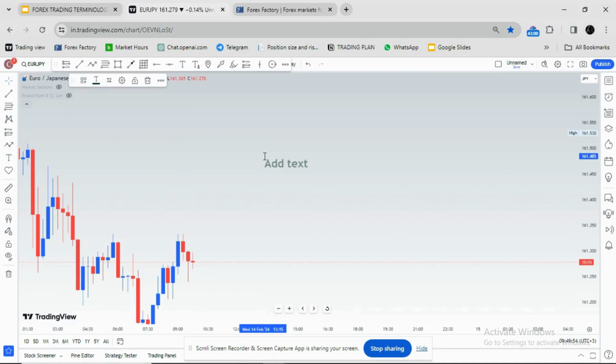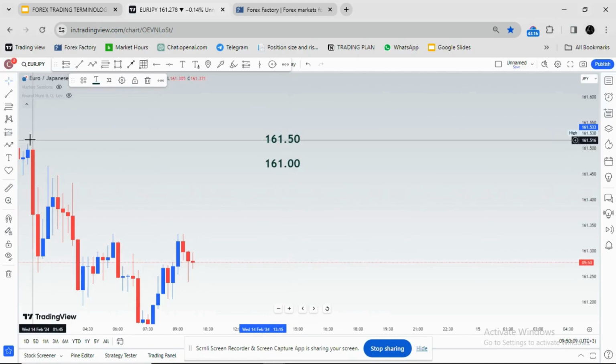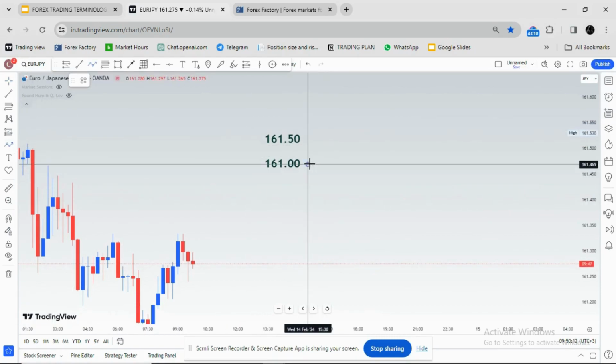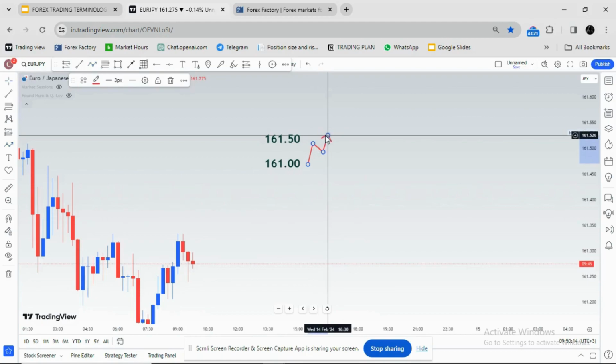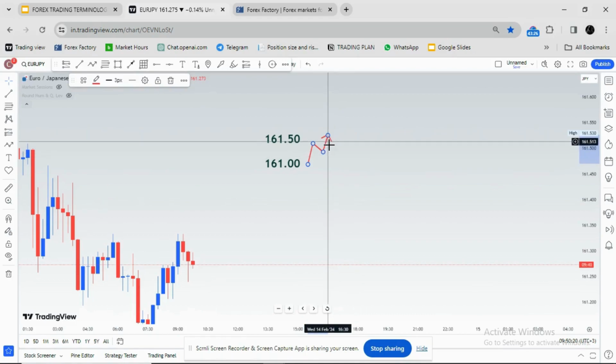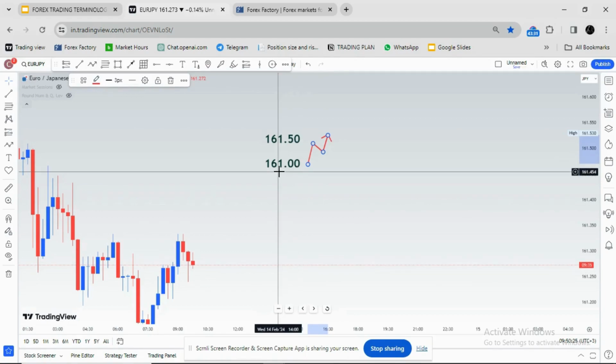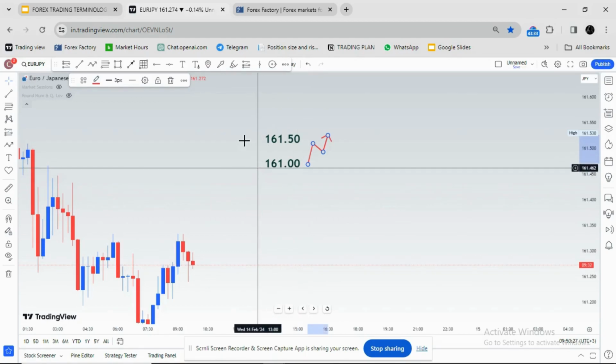So let's say price moves from 161.00 to something like 161.50. This is higher than this. That will mean that Euro JPY must have bought to get to that price. To find the difference, you subtract using the last 2 decimal places to find out the number of pips that it changed.